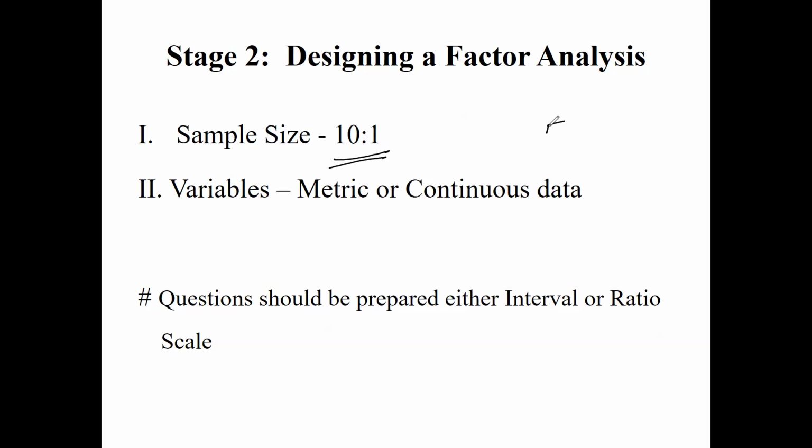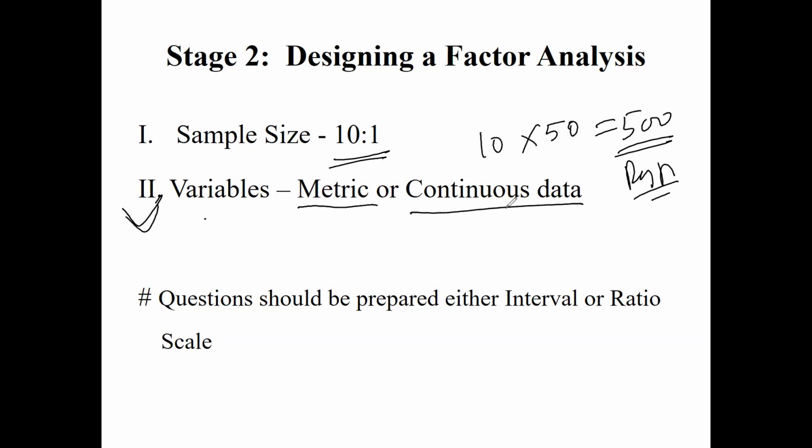If I'm taking 50 questions from various research papers related to my topic and I want to apply EFA, then the sample size should be 10 times. It means I should distribute my questionnaire to 500 respondents. And another condition: all the questions should be metric or continuous data.